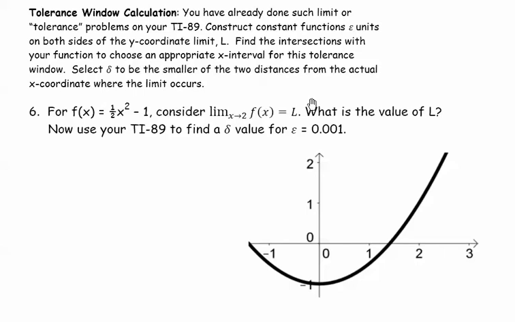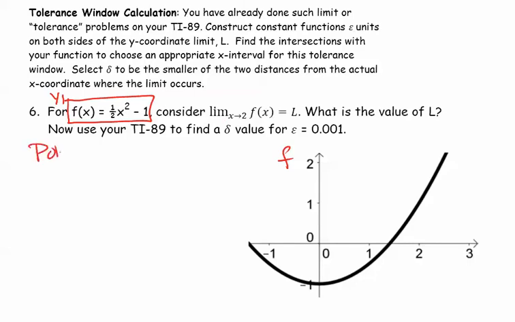All right, so I'm going to use the TI-89 on my calculator here to show you this. So we want to get our function, a parabola. I'm going to enter this as y1, and here it is already graphed in the diagram. And we're interested in the limit as x goes to 2.